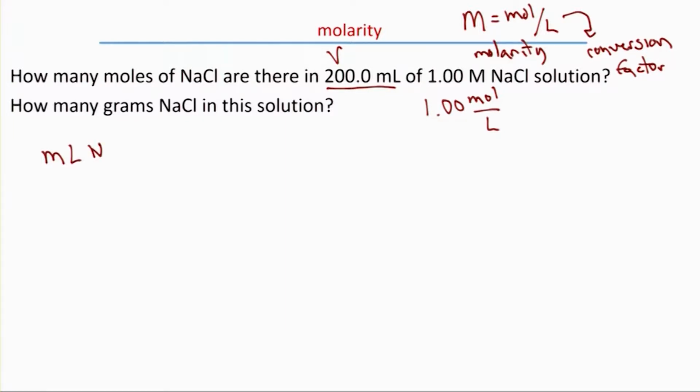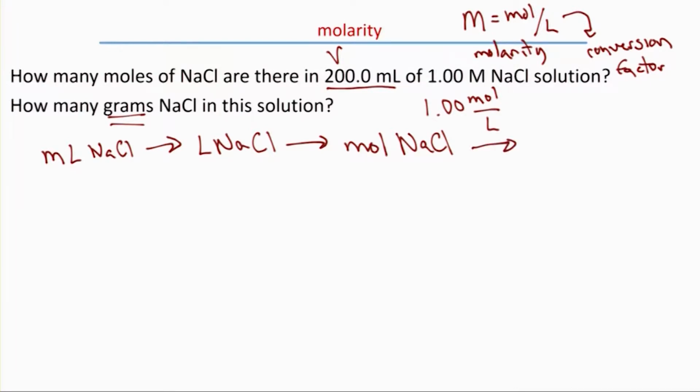Milliliters of NaCl to liters, and then to moles. And the next part is asking for grams. We'll stop and then recalculate, but then you can easily go from moles to grams of something knowing the molar mass. All right, so a couple steps here. 1, 2, and 3. All right, and let's get this set up, starting with our milliliters.